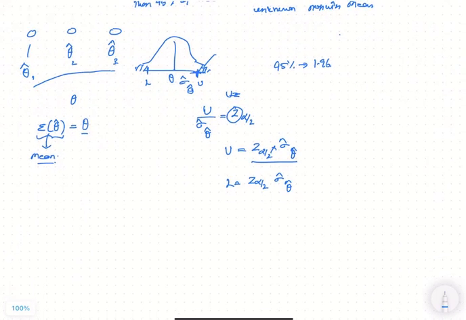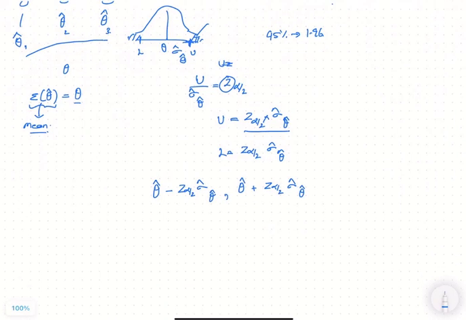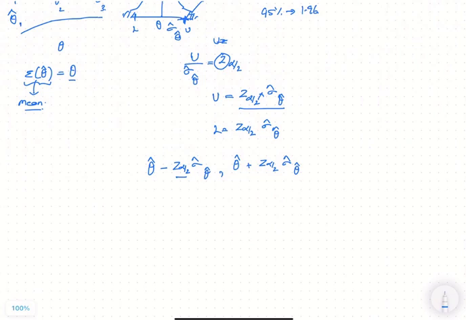And that is why the confidence interval is going to be theta hat minus z alpha half sigma hat theta hat, comma, theta hat plus z alpha half sigma hat theta hat. The value of z alpha half is dependent on the confidence level chosen. For confidence level 1 minus alpha, we can choose 90%, 95% or 99%.